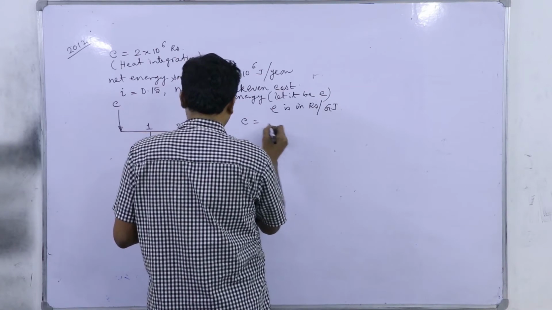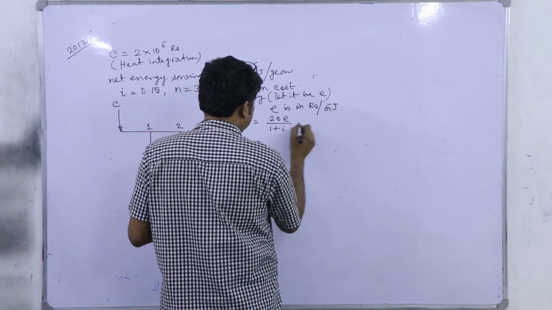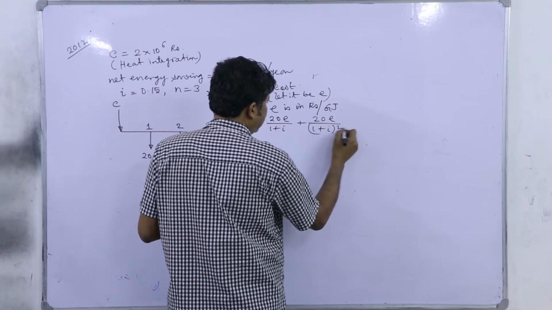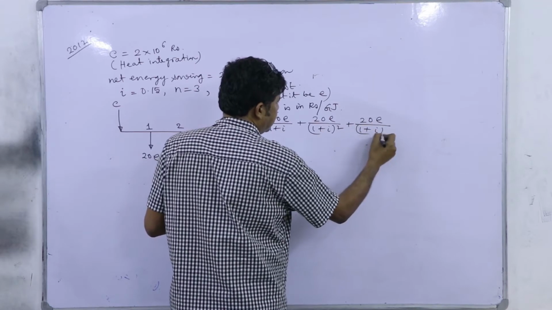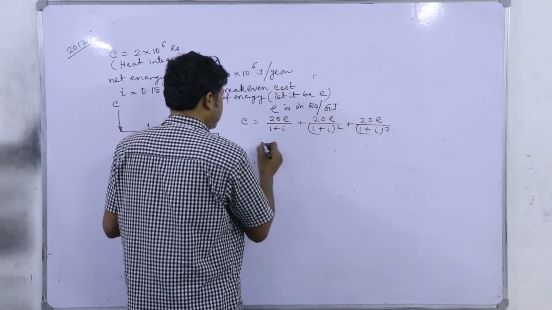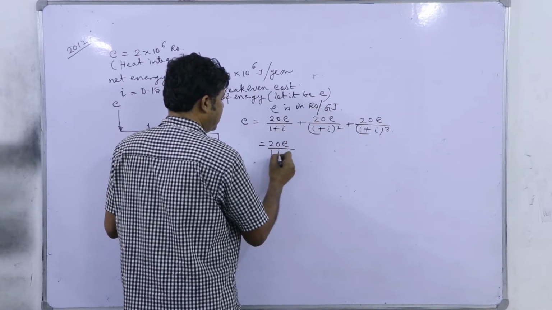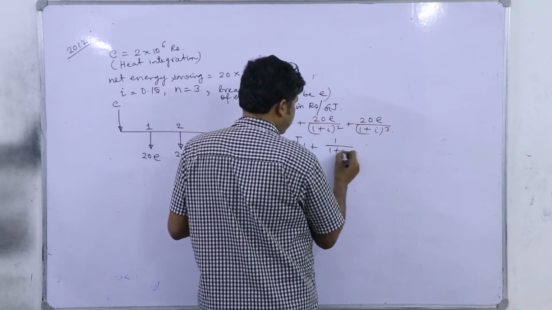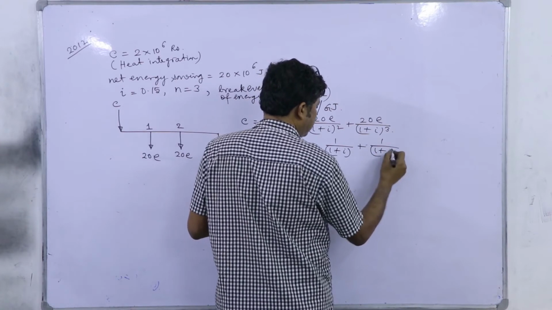And that projection will be facilitated by this interest rate. So, C is equal to 20E divided by 1 plus I, plus 20E divided by 1 plus I square, plus 20E divided by 1 plus I cube. So, this is 20E by 1 plus I, into 1 plus 1 divided by 1 plus I plus 1 divided by 1 plus I square.